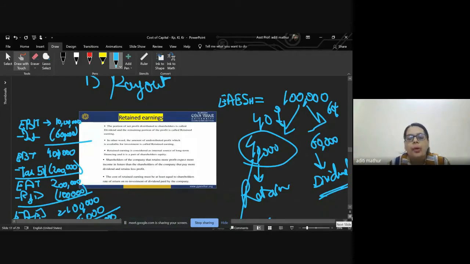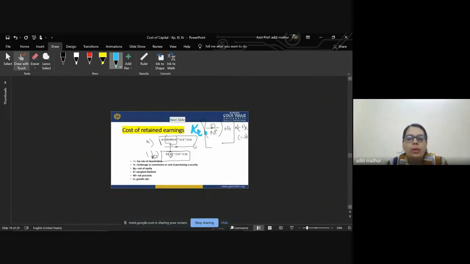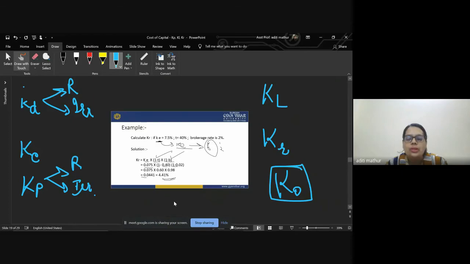We also looked at what we mean by retained earning with the help of an example. And this was the formula to calculate cost of retained earning, that is cost of equity into 1 minus t and into 1 minus b, where T stands for the tax rate of shareholders and B stands for the brokerage rate or the commission rate. And this was a question which we solved.